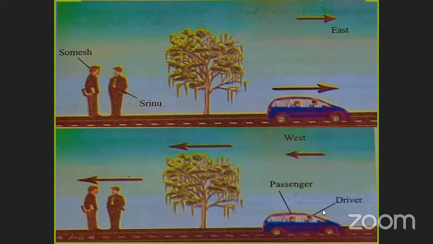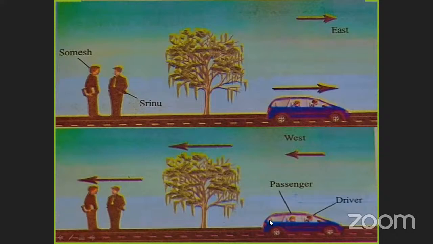But in point of view of the passengers and driver, the tree is in motion towards the west side, and the two persons also are in motion towards the west.